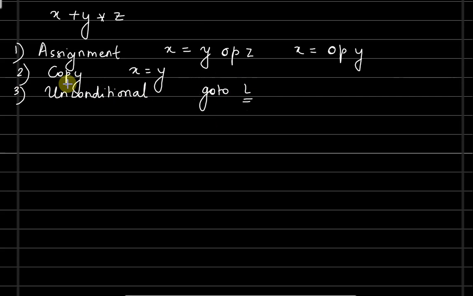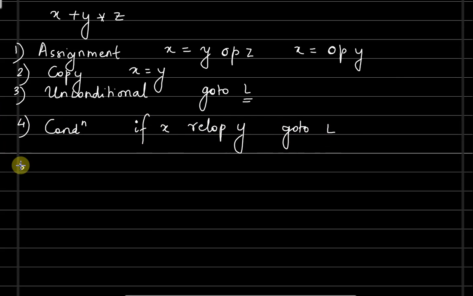Then we can have conditional statement, that is, say if we are checking for a certain condition, if x relational operator y go to some label. So you're checking for a condition and then you jump to this label.